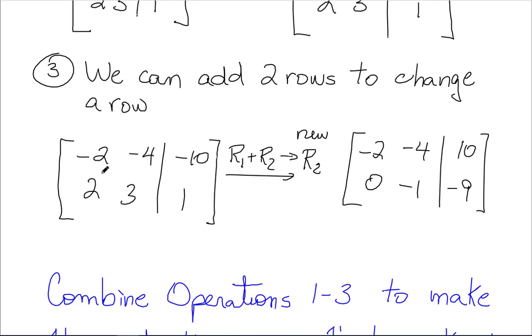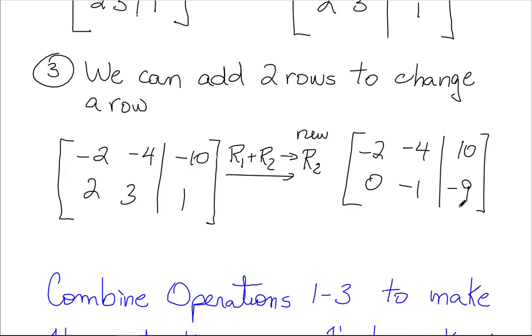All right, so here's row 1, here's row 2. I'm going to add row 1 and row 2, and I'm going to make a new row 2. Okay, well, let's see. Minus 2, add 2, 0. Minus 4, add 3, minus 1. Minus 10, add 1, minus 9.